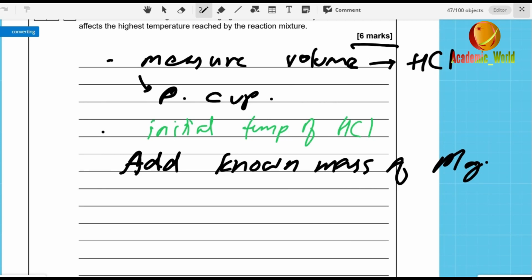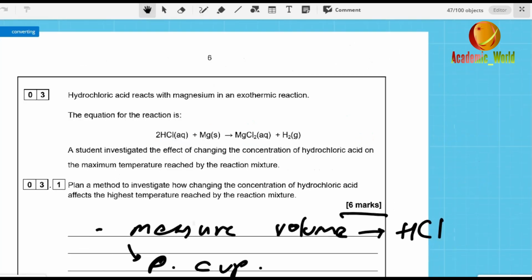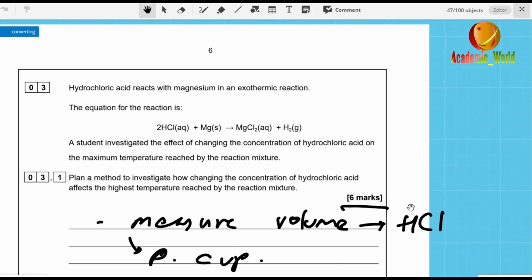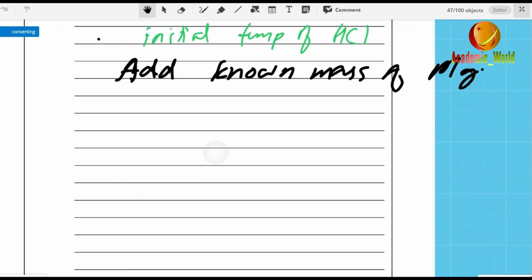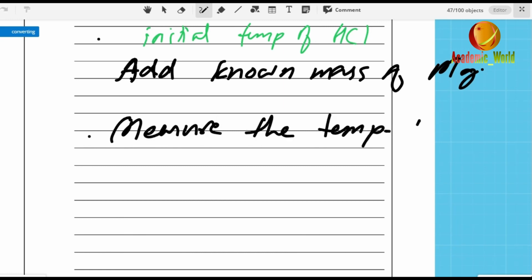Now when the reaction starts, you know that it is exothermic, because you can see here the reaction of metal with acid makes a salt and hydrogen gas. So now you have to measure the temperature again.